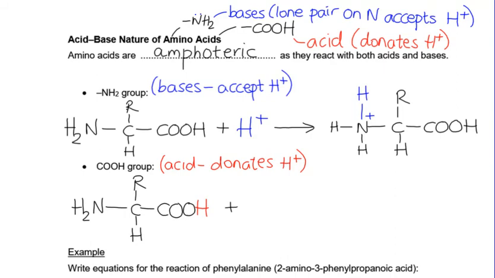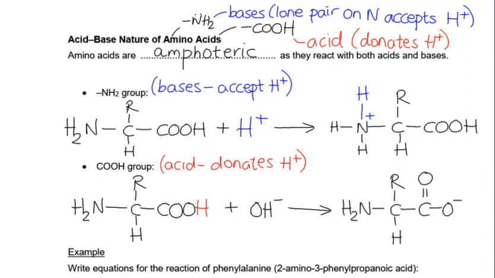If we donate it to a base, then we can see what's going to happen. We're going to end up with the amine staying as it was, because that didn't react. And we're going to end up with a COO. And if we drew this out, where is the minus? The minus is actually on the O, because that's where the proton fell from. And we've made some water. So there's our proton from our acid attaching to our OH to make H2O.